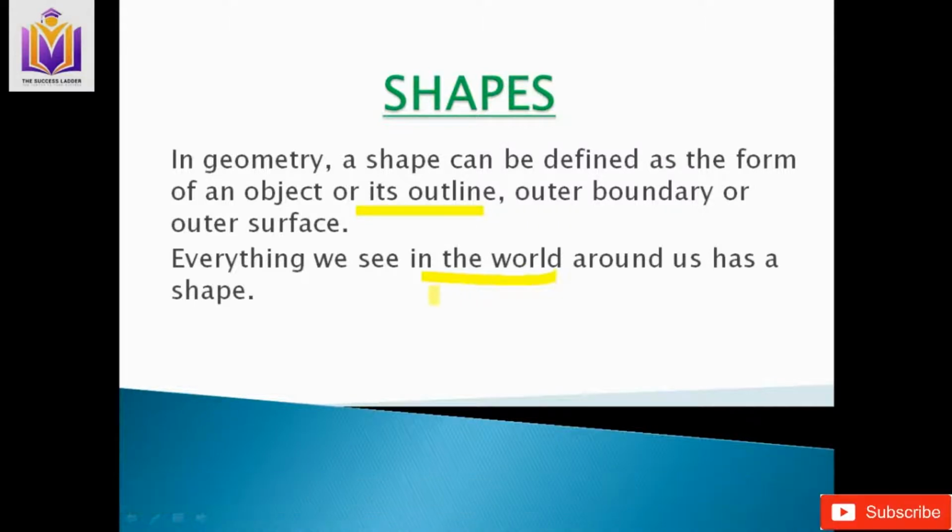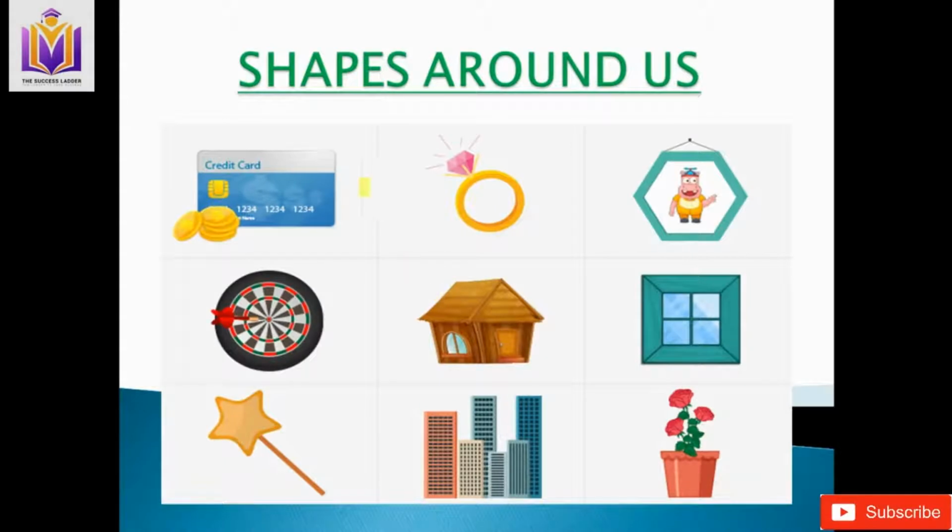For example, the credit card that we use, the coins, the ring, the photo frame, hut, buildings, flower pot, window, anything that is around has a particular shape.